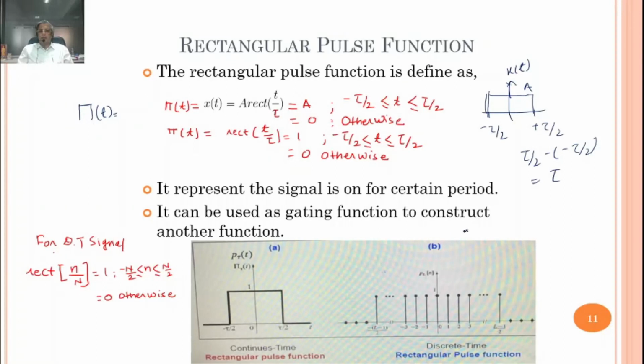If the sequence is from minus N by 2 to plus N by 2, then the total duration of this sequence is N. The graphical representation of the rectangular pulse function in the discrete domain is like this.